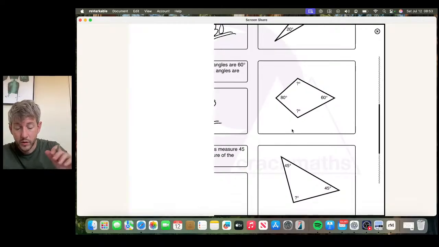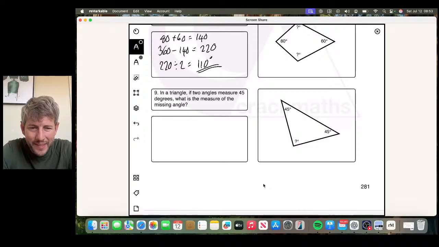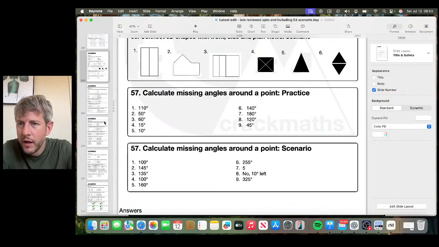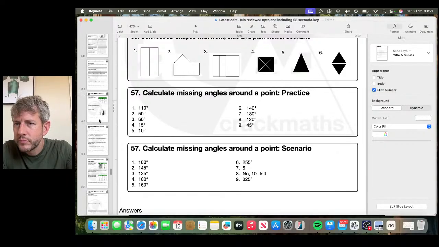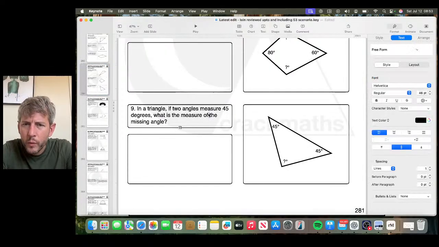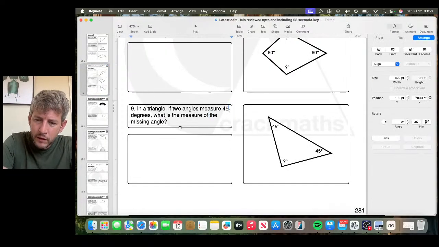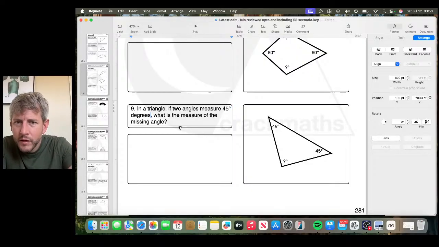Okay, right. Question 9. In a triangle, if 2 angles measure 45 degrees, what is the measure of the missing angle? I don't like that that's on a different line. Let's just change that. What we can do actually is Shift Option 8, and I get the little degrees sign.